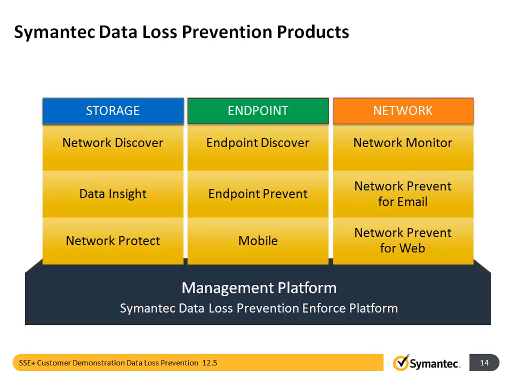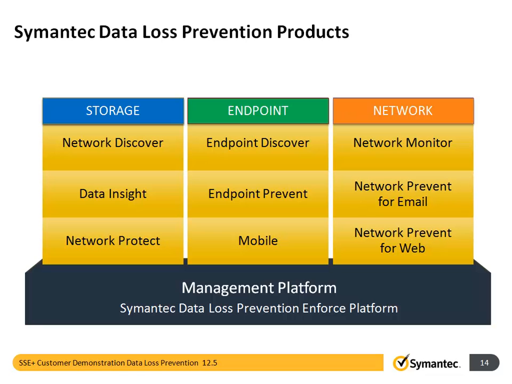And then finally, for endpoint, we have our mobile product, which has two components. One is Mobile Prevent and one is Mobile Email Monitor. Mobile Prevent blocks the transfer of confidential data from mobile devices, while Mobile Email Monitor monitors the download of confidential data over corporate email to mobile devices.